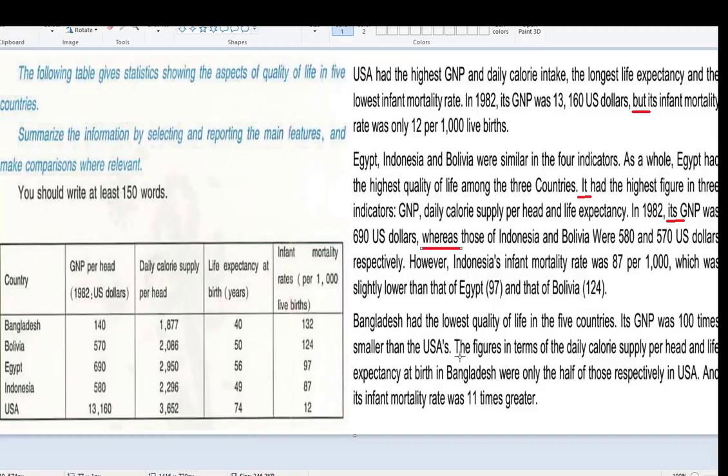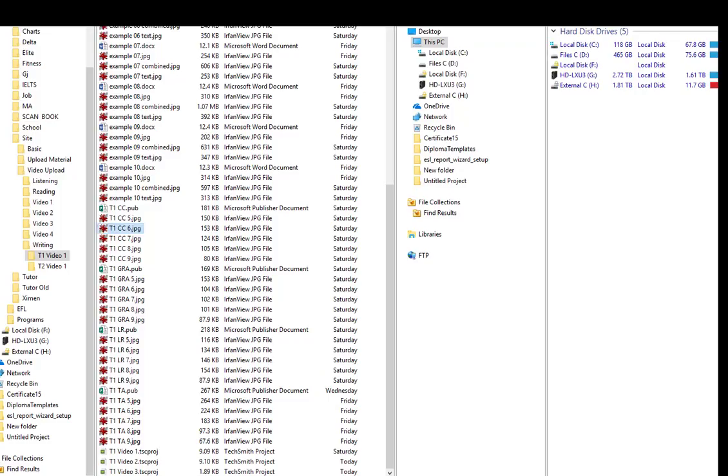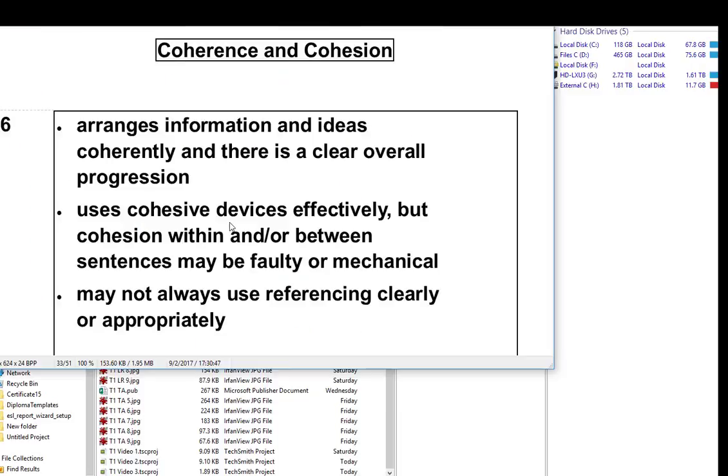The figures in terms of what we have. Okay, so nothing too terrible. Yeah, probably a 6 for coherence and cohesion. There are some faulty cohesive devices that were used.